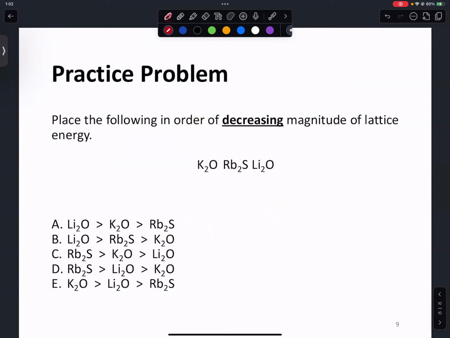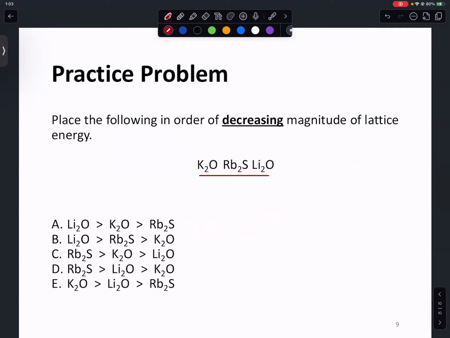Now I want to encourage you to work on this problem using the same ideas that we utilized before, placing these ionic compounds in order. The first thing to think about is what compound you are looking at.